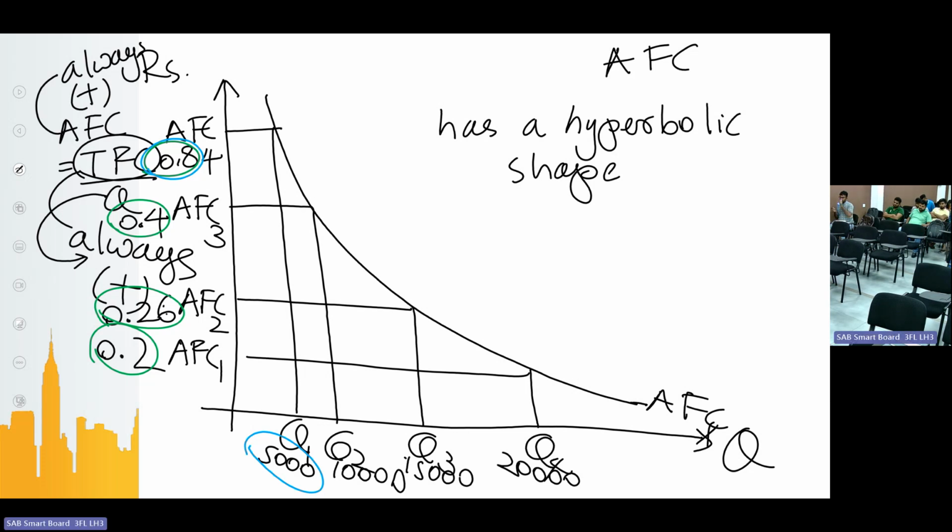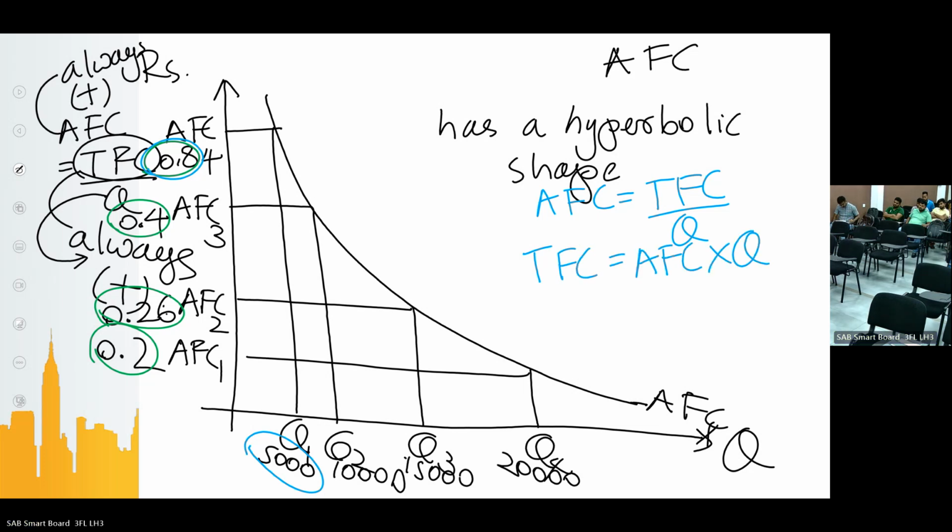AFC is TFC divided by Q, so by cross multiplication, we can calculate TFC by multiplying AFC by Q. AFC is 0.8, Q is 5,000, so TFC is 4,000.